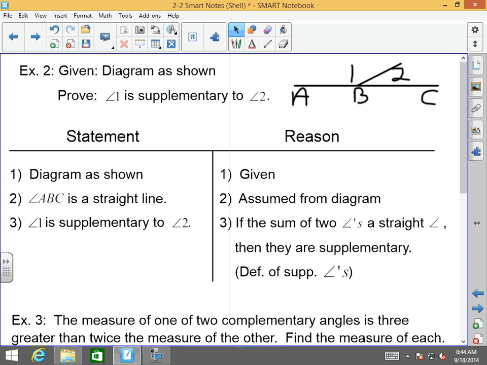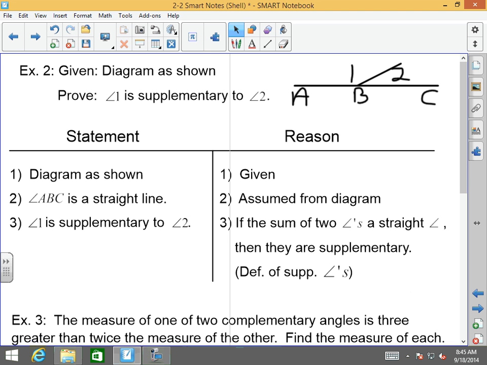Now, could you have said after statement 2, angle ABC has a sum of 180 degrees? Is that necessary for this? No. Because the definition of supplementary angles are two angles that form a straight angle. Does that make sense, my brothers? You couldn't say the sum of angle 1 and 2 is 180 degrees because of assumptions.